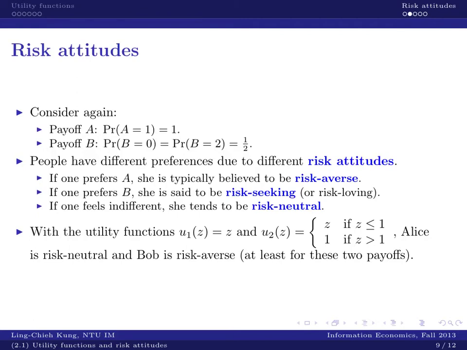So go back to our example. We say Alice is risk-neutral because when we calculate the expected utility for Alice, these two payment schemes are the same. But Bob is risk-averse because Bob prefers plan A to plan B, at least in our environment here.